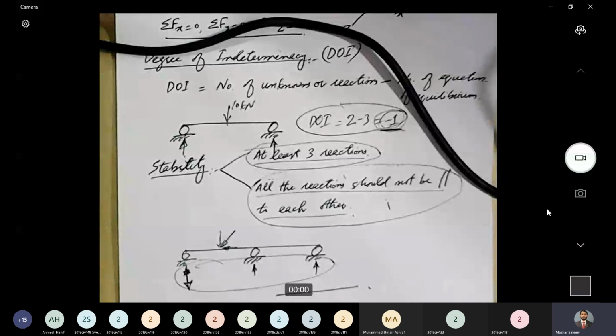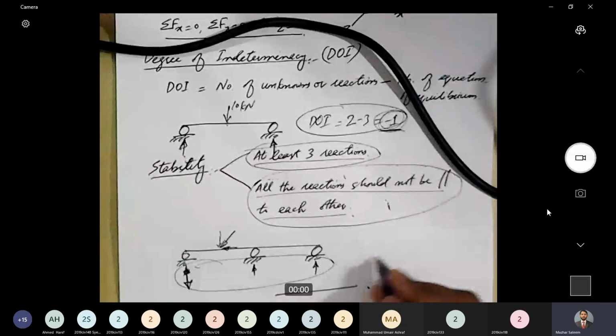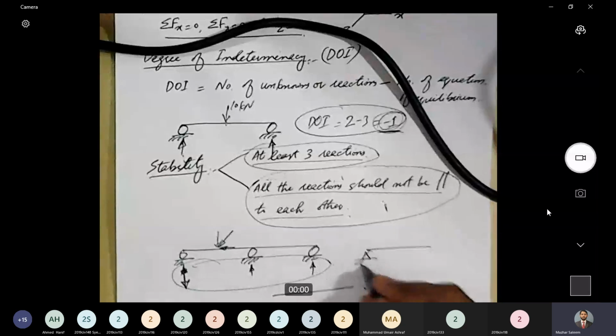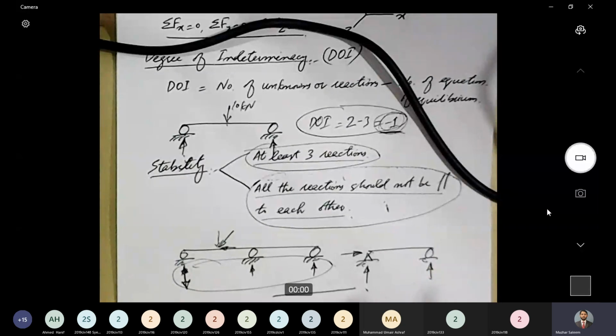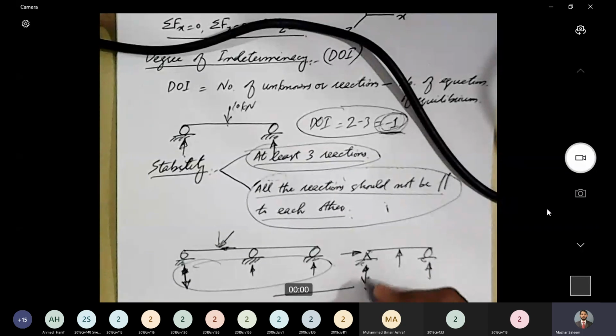When we are doing this general discussion, every time I draw reaction in the upward direction, and for a hinge support, maybe when I draw reactions, I draw one upward and one rightward, for roller one upward. But actually, I always draw these directions hypothetically. In reality, I don't know what will be the direction finally. For example, on this structure, if we apply an upward load, then both these reactions will be in the downward direction.